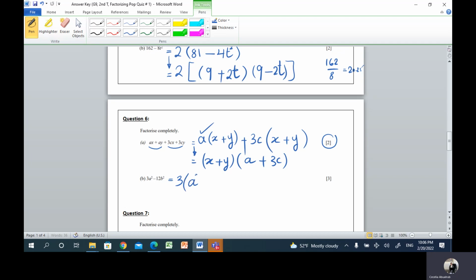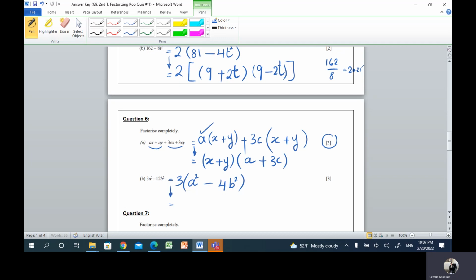The first term is a squared inside the bracket because 3 times a squared will give us 3a squared, minus 4b squared because 3 times negative 4b squared will give us the next term in the expression, which is 12b squared.